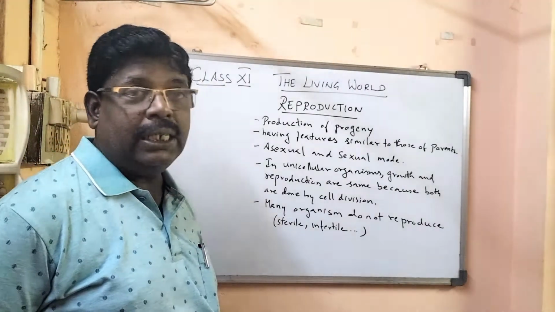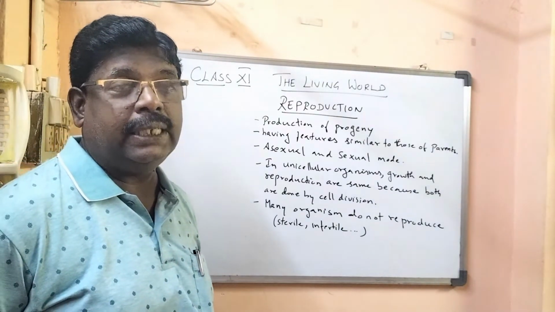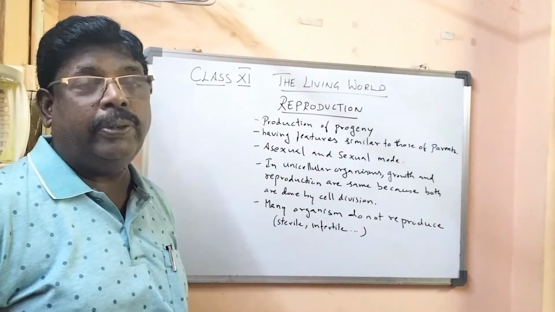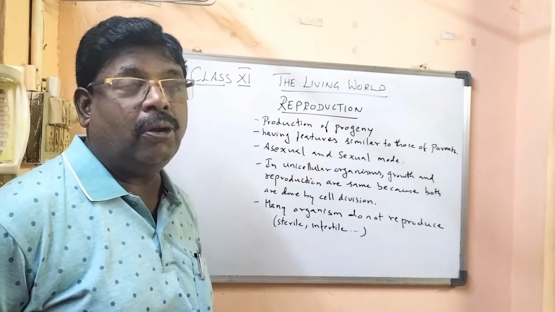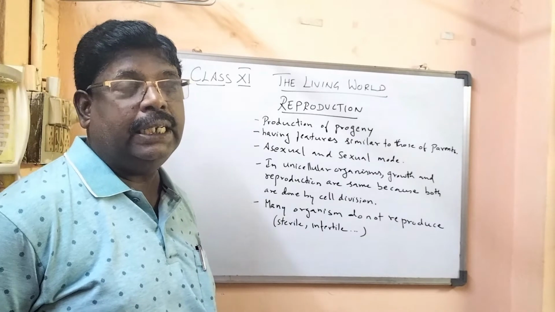When we talk about sterile organisms, like in the honeybee family, the worker bee is sterile. Similarly, mules, M-U-L-E, are a product of a cross between horse and donkey. That mule is sterile, it cannot reproduce.